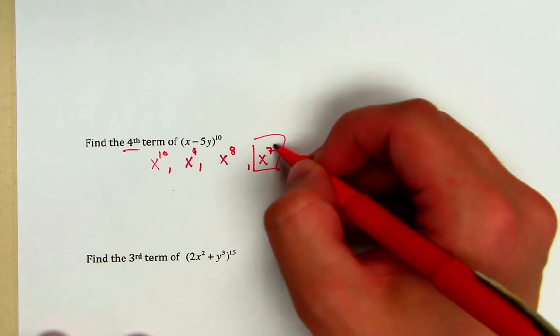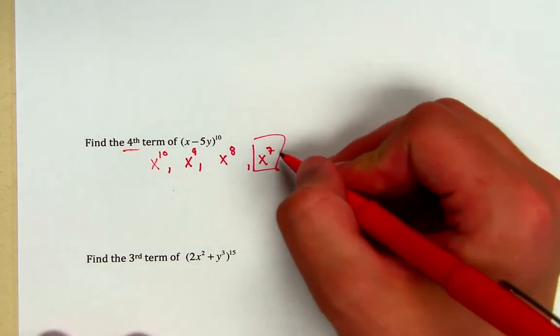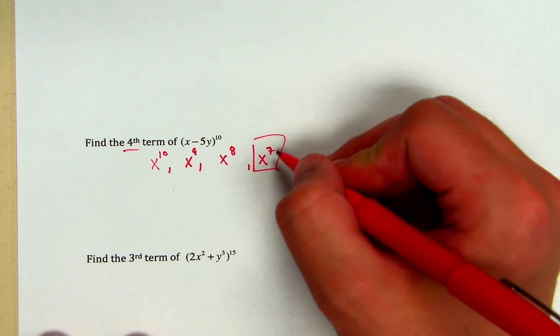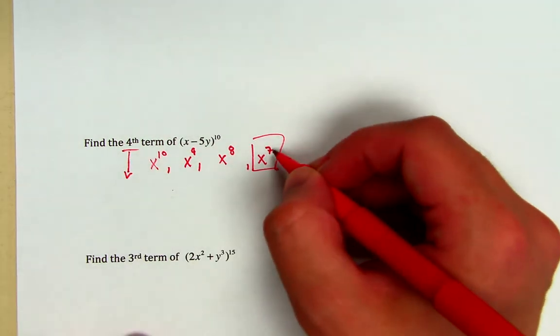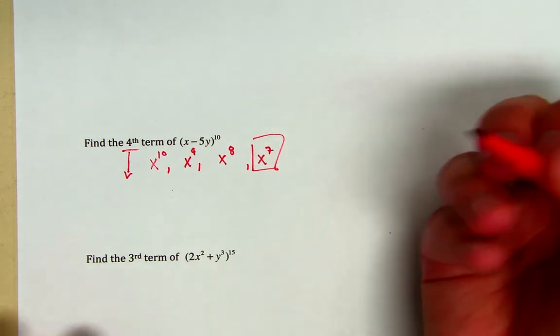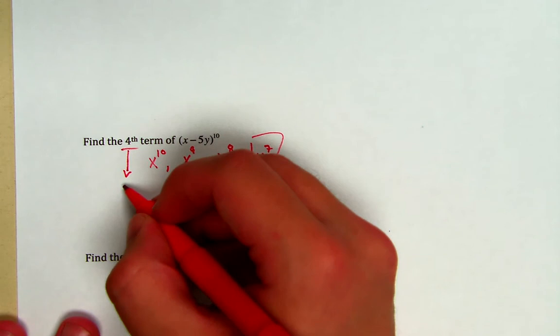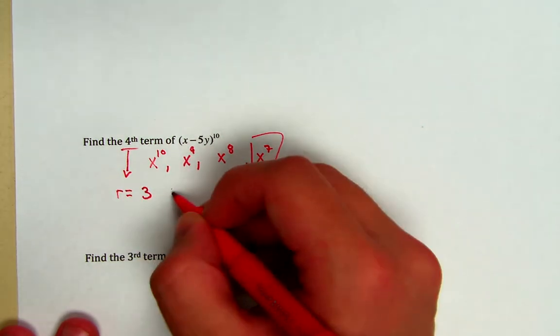If this is 7, how could I get to 7 using 10? Well, 10 minus 7 is 3. So for the fourth term, you need r equals 3.